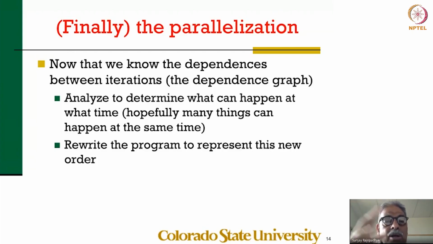Memory arrays have all gone out of the picture. And now we are going to analyze such a program and try and figure out whether there is parallelism, whether you can schedule it in a way that exposes this parallelism, and how do you construct a program that implements your desired schedule.